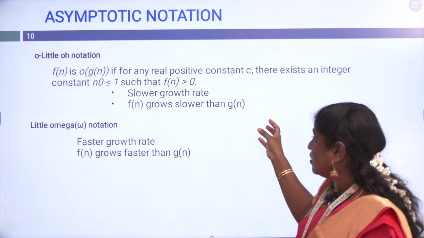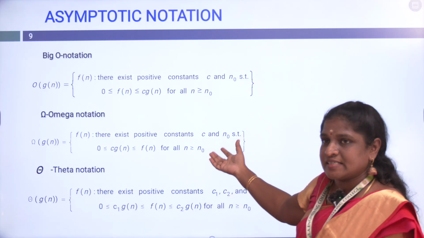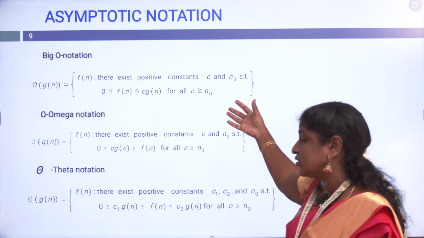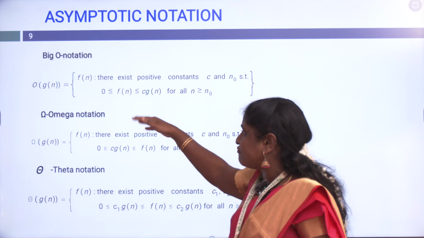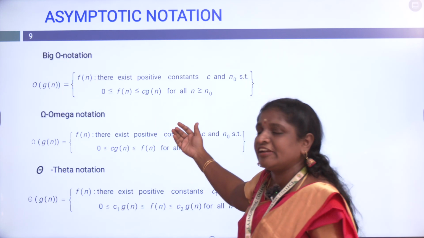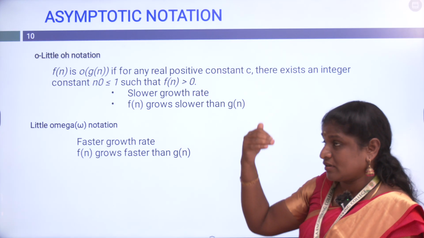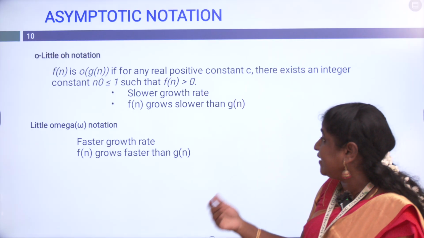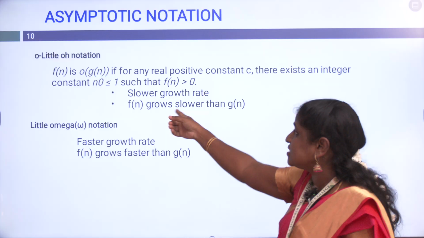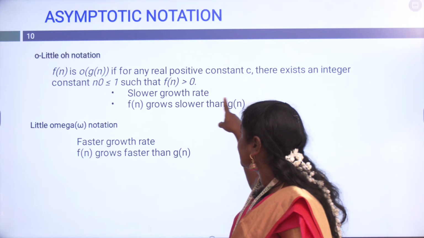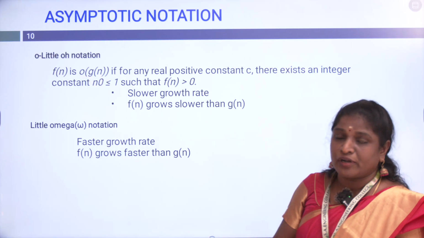allocating the notation. Okay, because these three notations grow simultaneously. If f of n grows, g of n also grows, that is linear. So the growth rate will depend on f of n and g of n equally. But in little o notation, it reduces the growth rate, and if f of n grows slower than g of n, then we are going to make the notation little o notation.